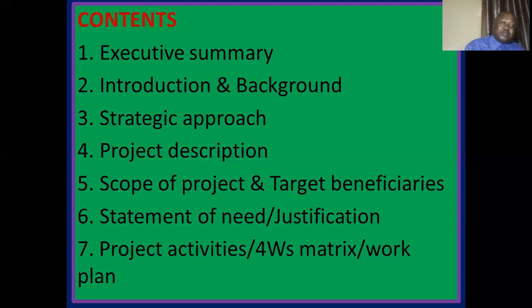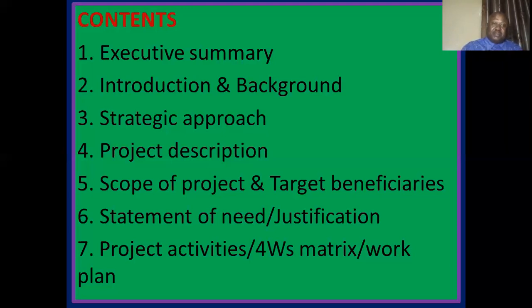If it's an agricultural project, how you will prepare the land, how you will plant, how you will weed, how you will harvest, how you will store, how you will market, how you use the money. That is our project description. It depends on the particular project.